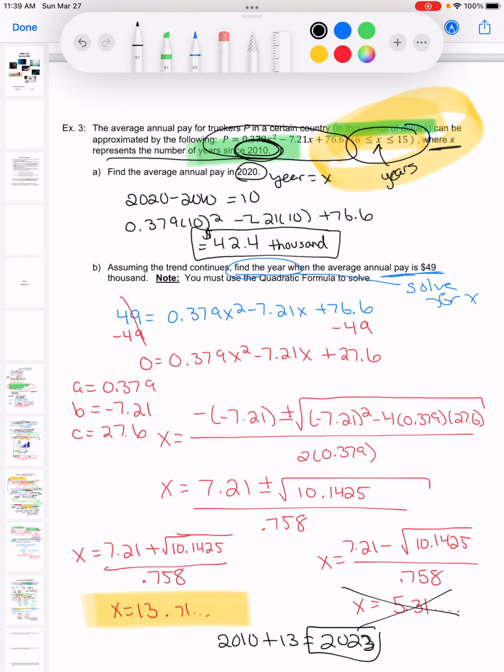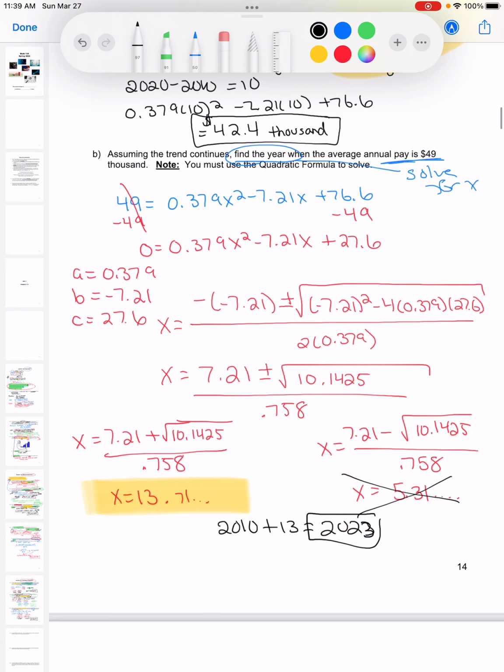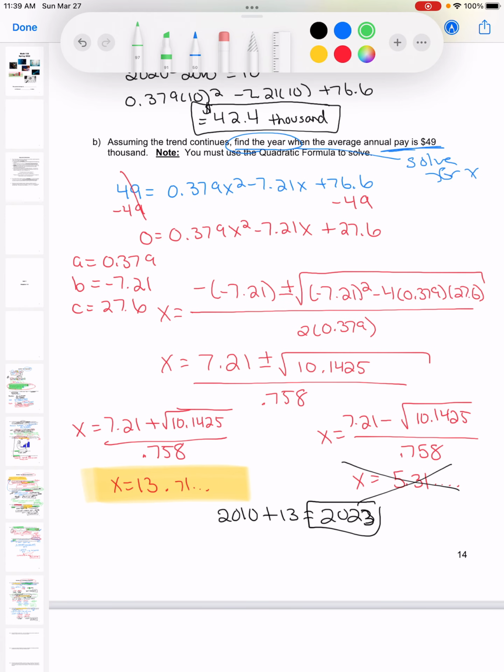I do want to make a note here. When we pull questions for my math lab, sometimes we have to pull from different textbooks and they might have slightly different wording. So I'd just like to point out here that if my math lab asks for the first full calendar year, and I'll write that up down here, that means that you are going to round to the next year, because it needs to happen that entire calendar year.